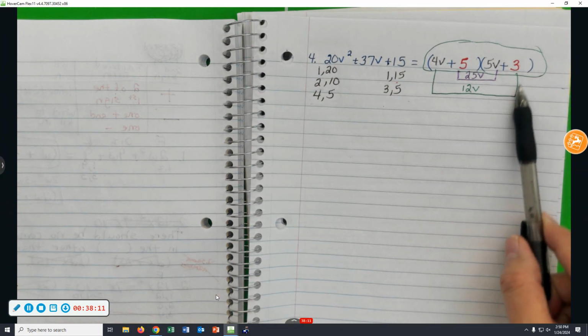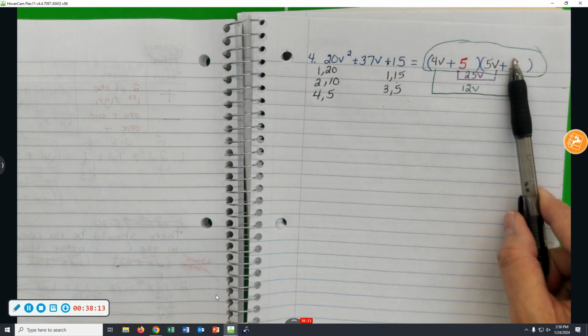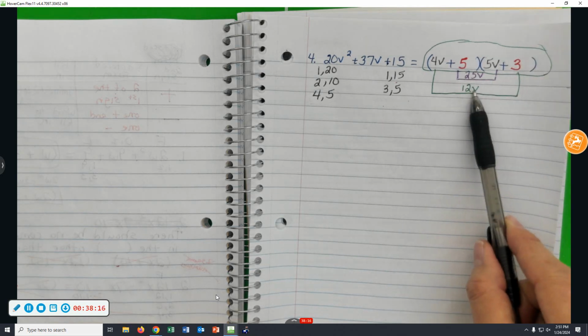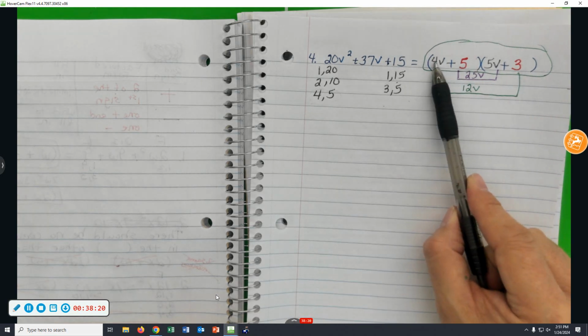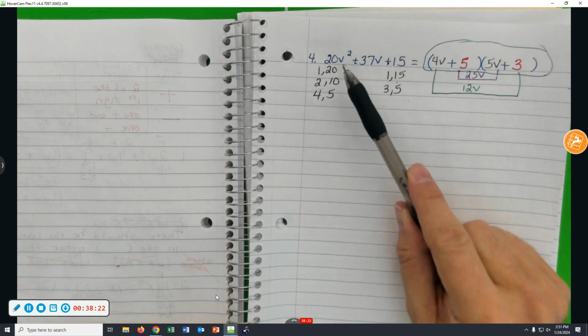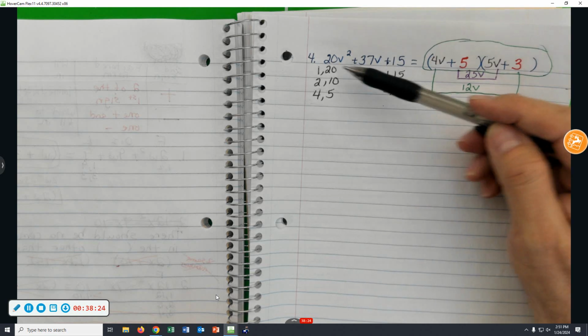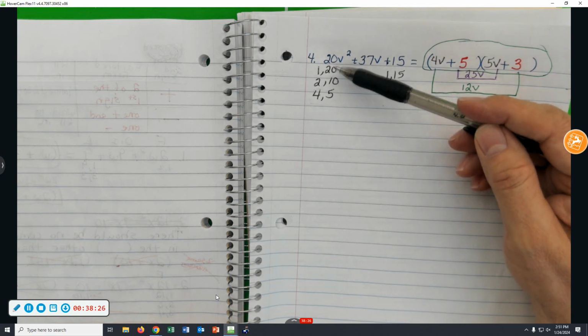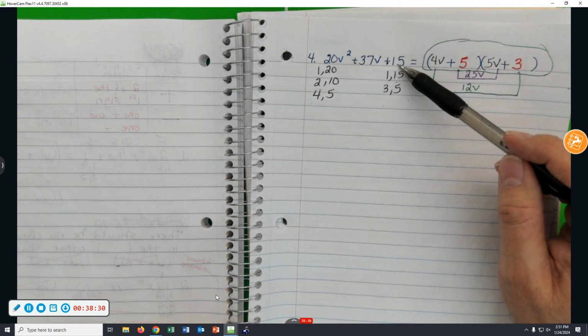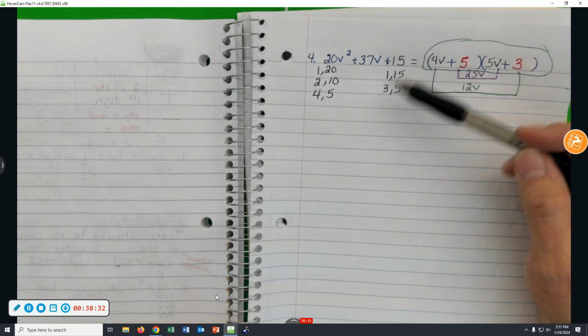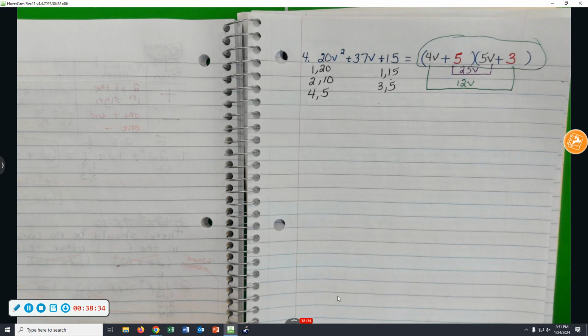This is my outer and inner. That's all that matters. Does that give me a 37? I know for a fact that the first is giving me a 20v squared because I only use numbers that multiply together to give 20. And the last, the 5 and 3, are going to give me the 15 because I only use numbers that multiply together to give 15.